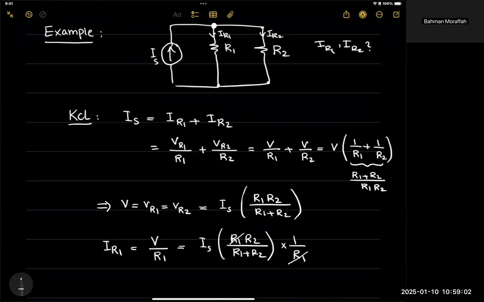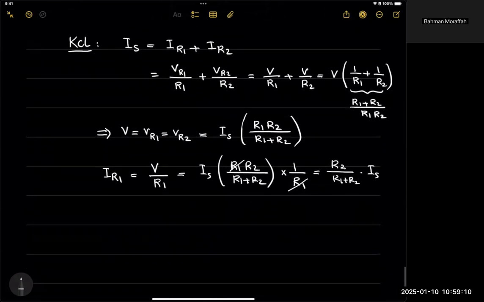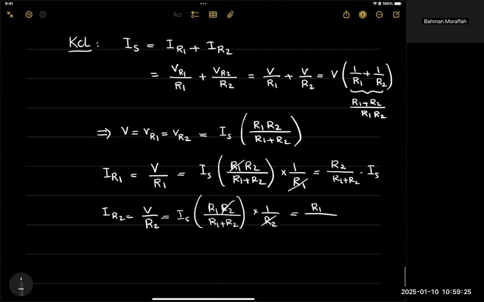R1 and R1 cancel, so it is R2 divided by R1 plus R2 times I of S. We can do the same thing for R2. It is V divided by R2, so it's I of S times R1 R2 divided by R1 plus R2 times 1 over R2. R2 and R2 cancel, so I have R1 divided by R1 plus R2 times I of S.